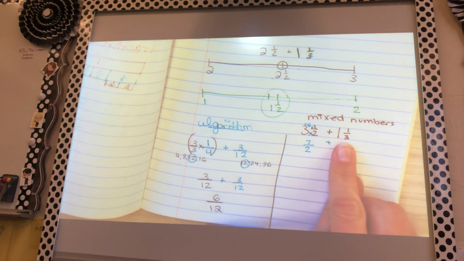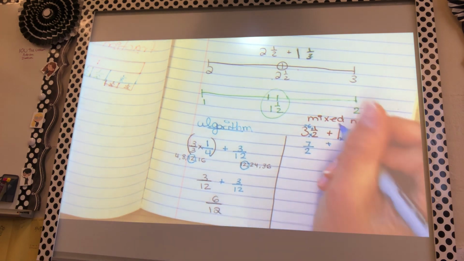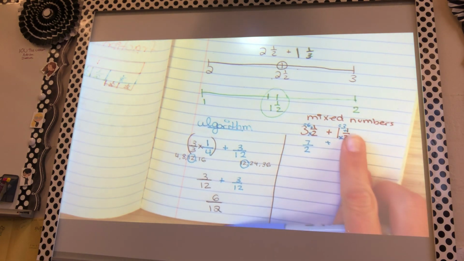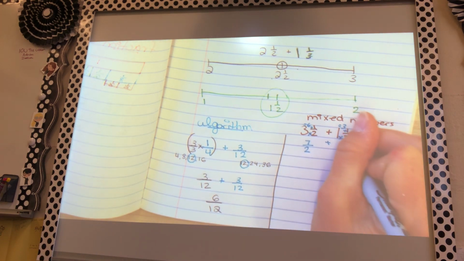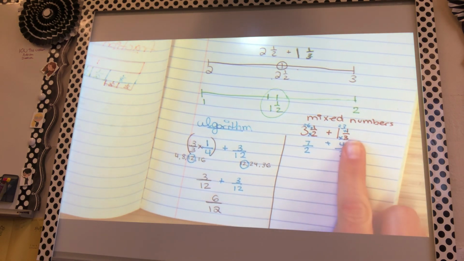And then I can do the same thing with this mixed number. 3, denominator, times my whole of 1 equals 3, plus my numerator of 1 equals 4. And then I bring down my denominator because 3 times 1 is 3 plus 1 is 4.